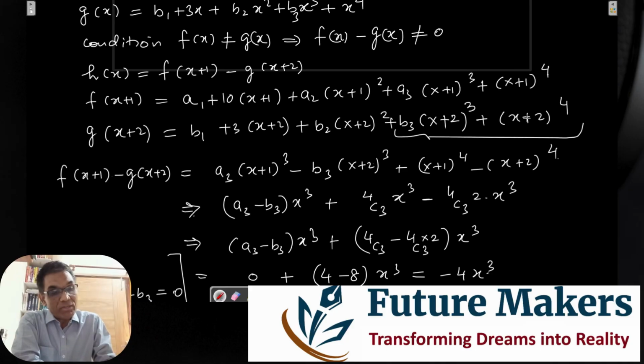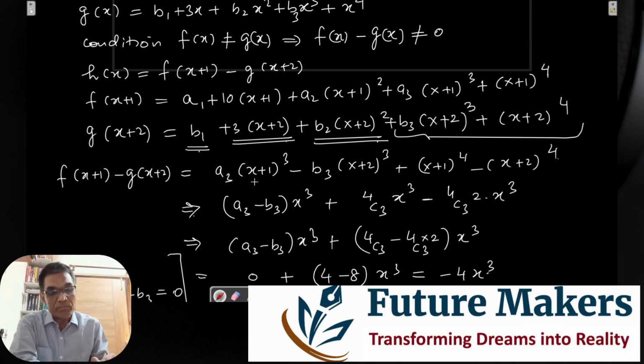So a1 minus b1 is not contributing anything here, and this is also not contributing, because I need not get anything out of it. What we need is the coefficient of x cube. So when I find f of x plus 1 minus g of x plus 2, it is a3 (x plus 1) whole cube minus b3 (x plus 2) whole cube plus (x plus 1) raised to the power 4 minus (x plus 2) raised to the power 4. These are the only 4 terms which I need for getting the coefficient of x cube.